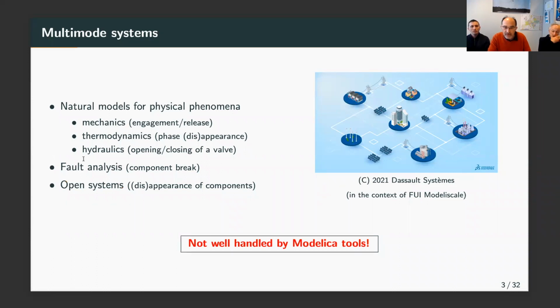And the difficulty is that although all the facilities have been introduced in the Modelica language several years ago, the handling of multimode Modelica models is far from perfect for state-of-the-art Modelica tools.